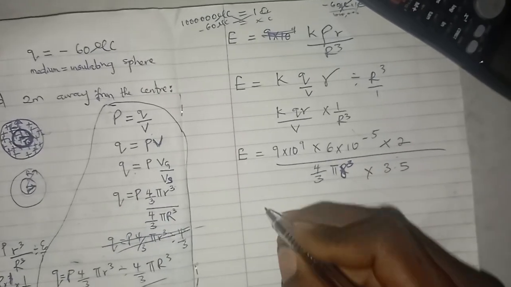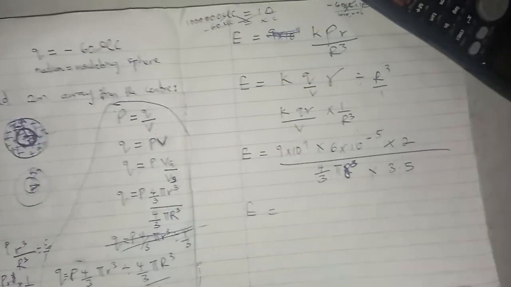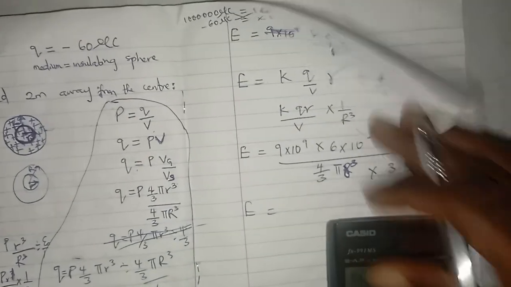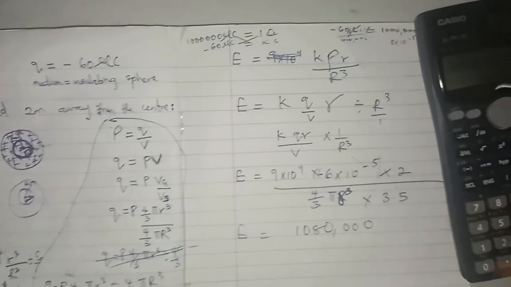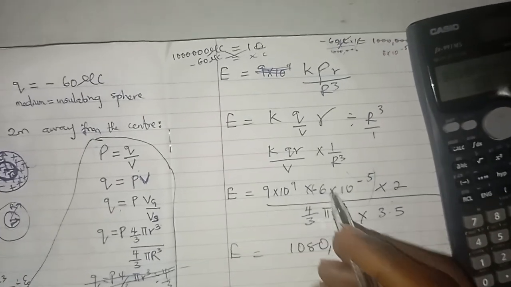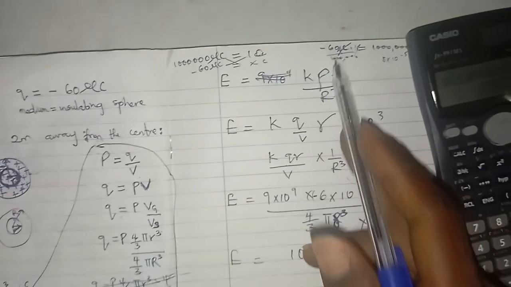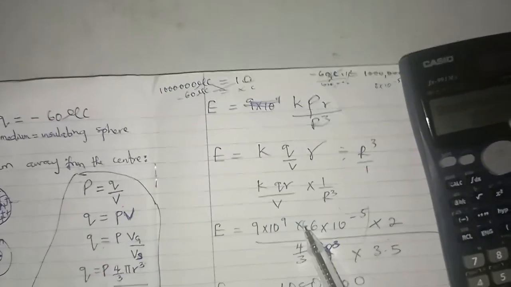So it's going to be E equals to, let me do the punching. Lest we forget, remember that the charge given to us is an electron, so I've put it minus.